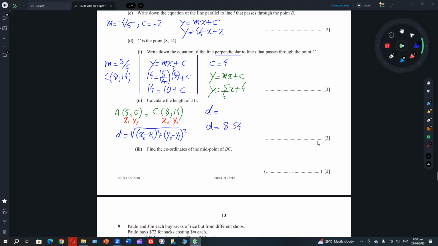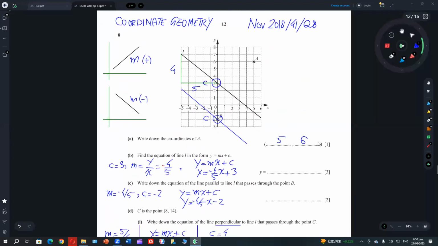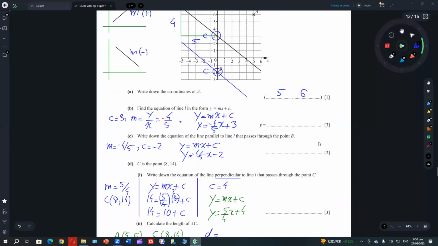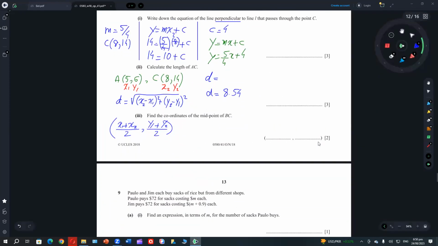Find the coordinates of the midpoint of BC. What are the coordinates of B? B is 0, 2.